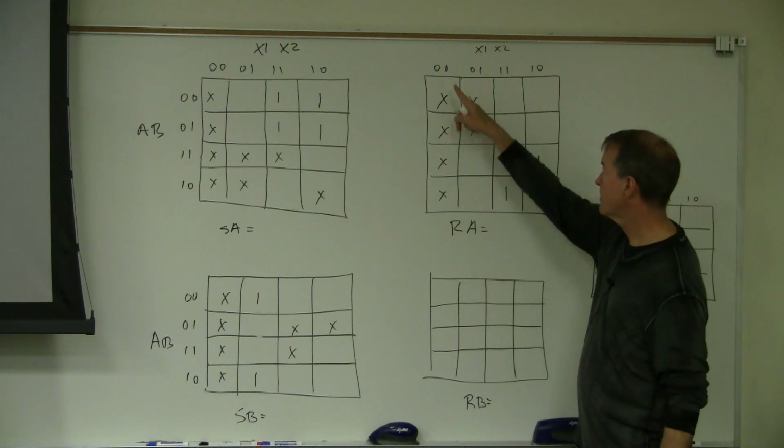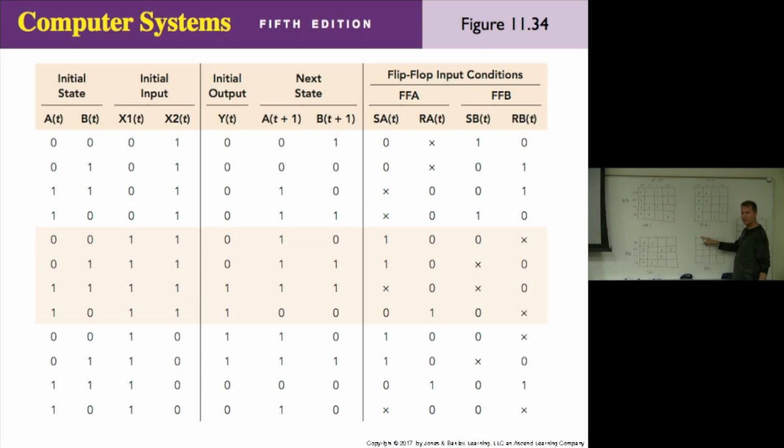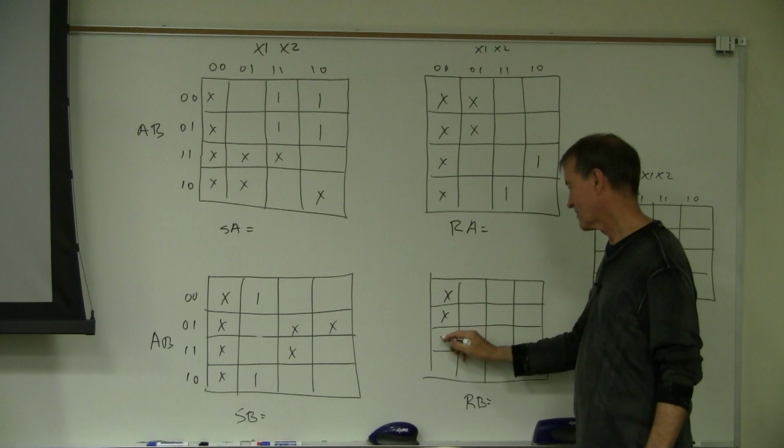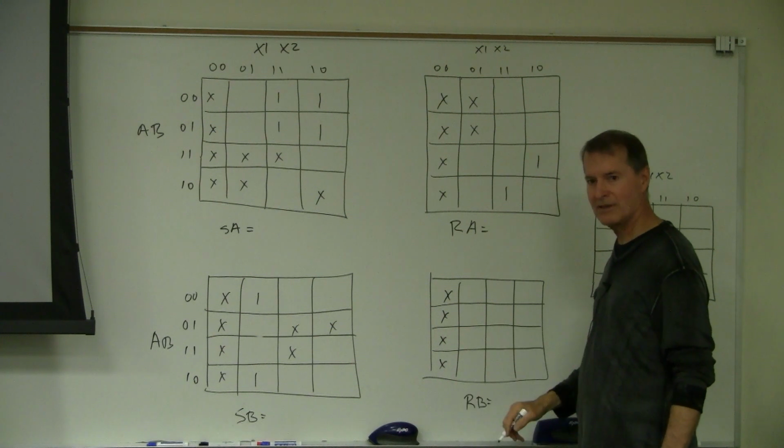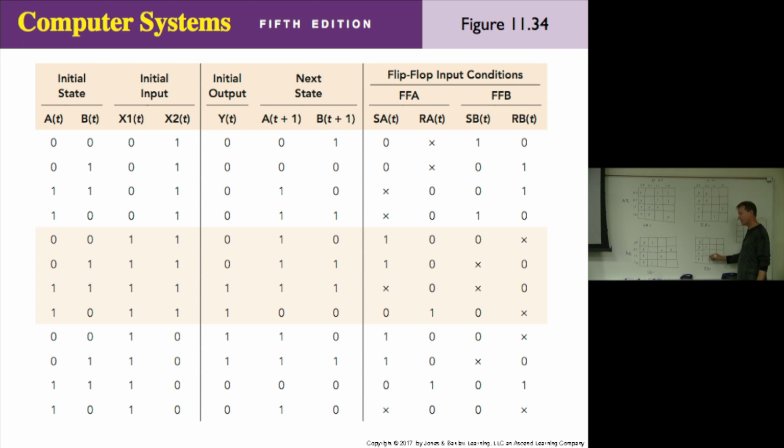It's not on there, is it? X1, X2. Yeah, so what is it if it's not on there? Yeah, it's all don't cares. Is everybody good? Okay, so next. 0, 1, 1, 0.